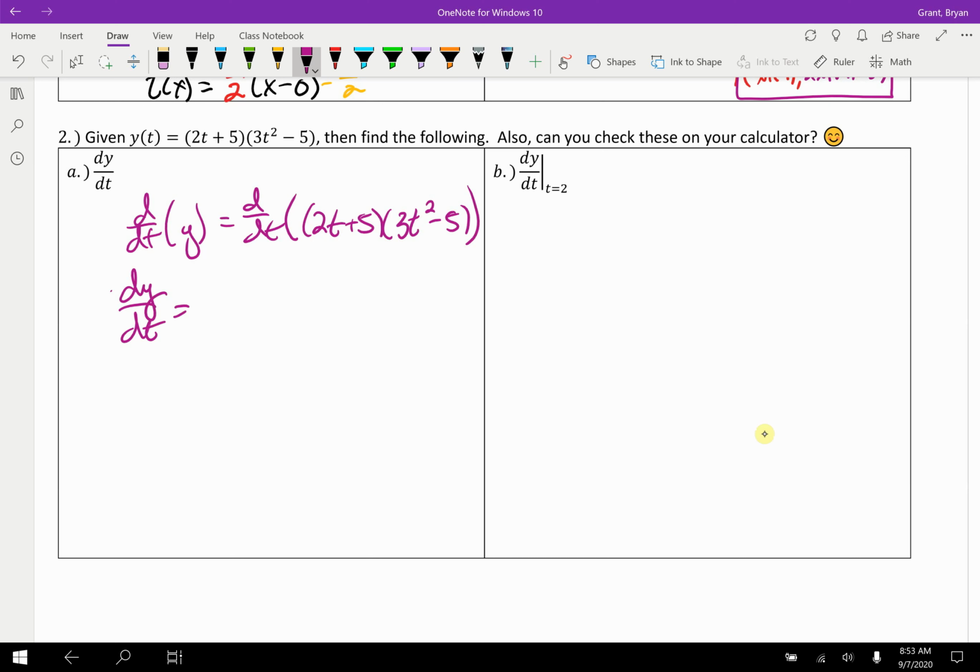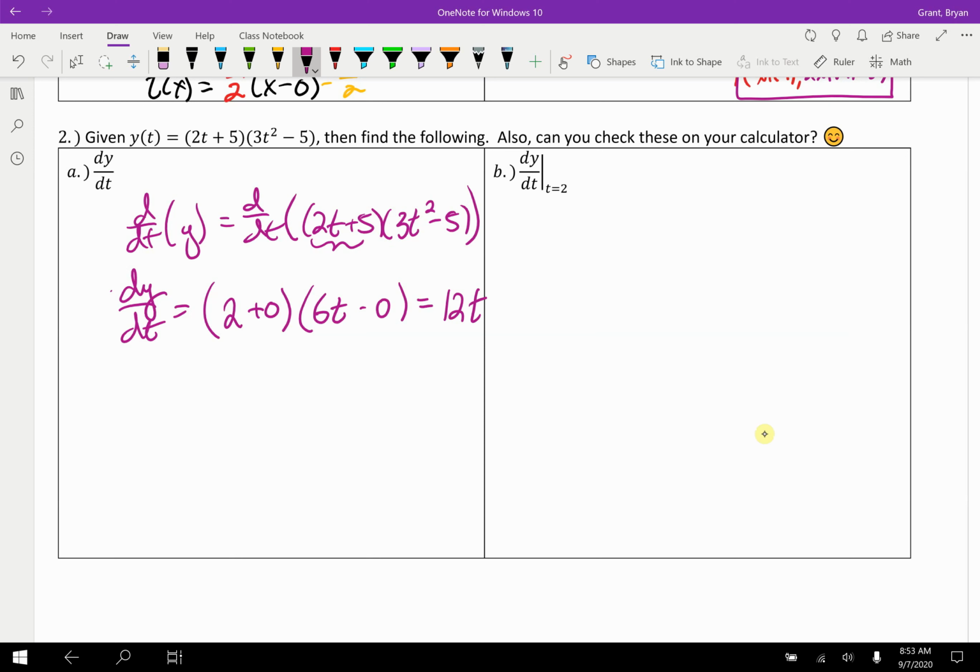Okay, the derivative of y with respect to t is, and then you might be tempted over here to say, ooh, 2t plus 5. The derivative of 2t is 2, the derivative of 5 is 0. Nice. And then the derivative of 3t squared minus 5. The derivative of 3t squared, 2 times 3 is 6. T to the first minus derivative of 5 is 0. And then maybe you even clean this up and you're like, that's just 6t times 2. That's 12t. That's very exciting.